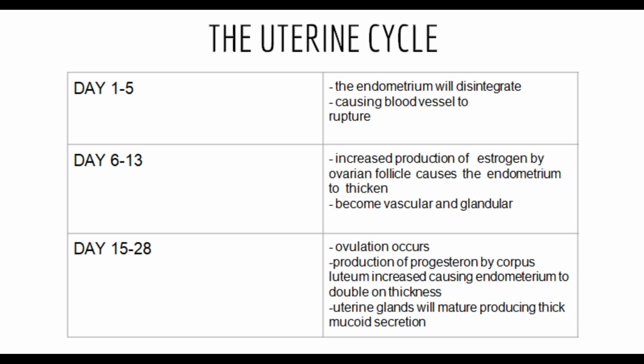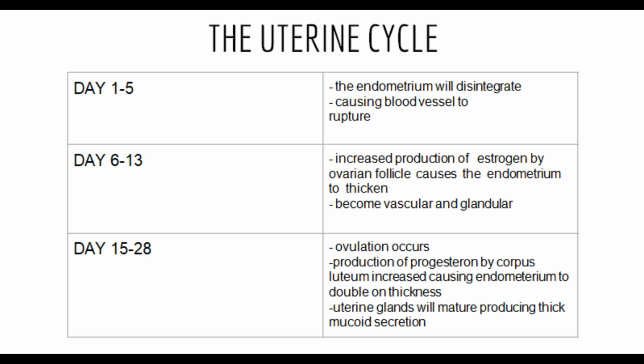And from day 6 until day 13, there are two main events. The first one is the increased production of estrogen by the ovarian follicle, which causes the endometrium to be thickened, meaning that this is the end of the period.